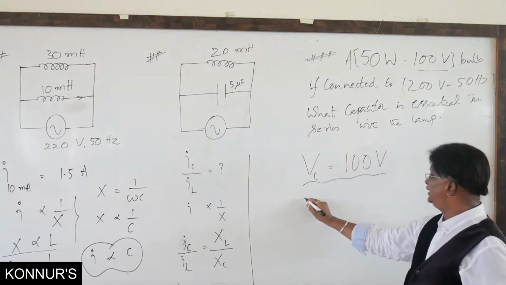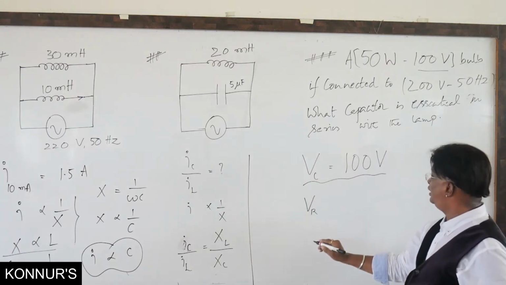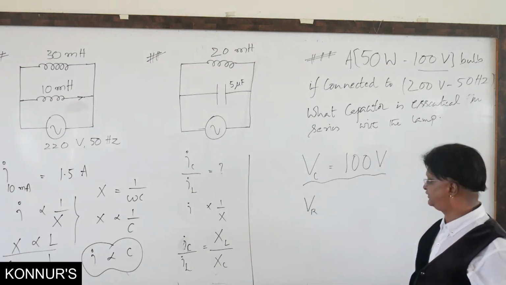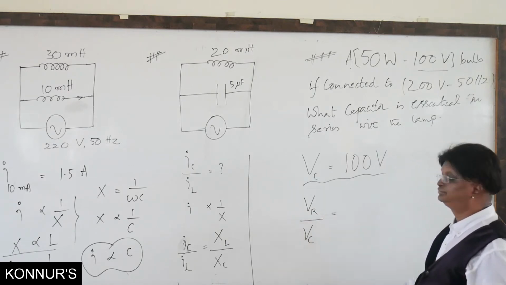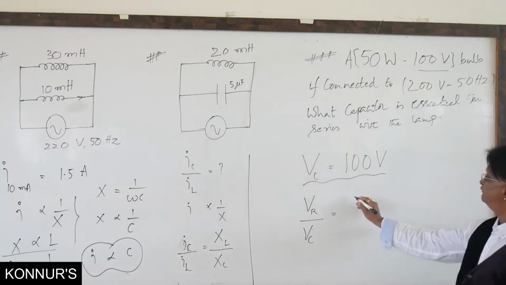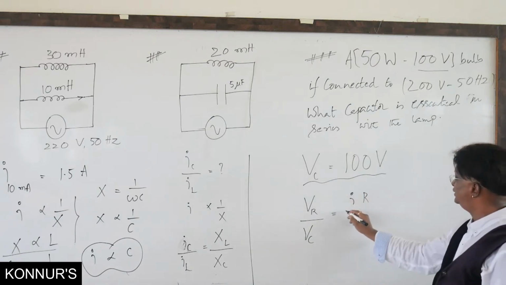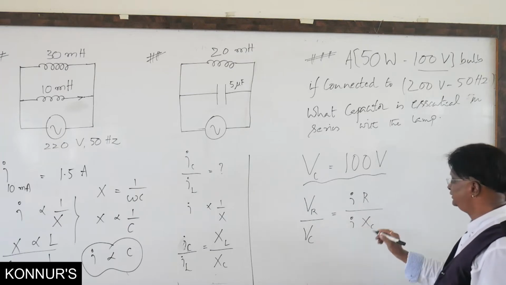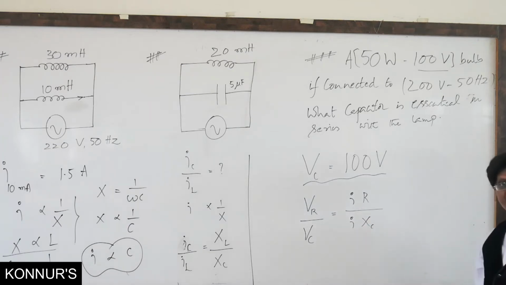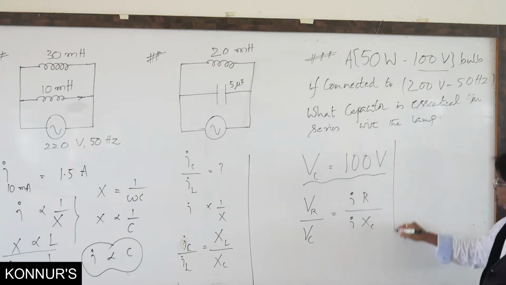And since the bulb can be treated as a resistor, VR by VC is I times R by I times XC. So first let us calculate the value of XC.